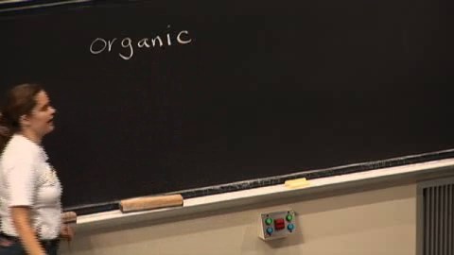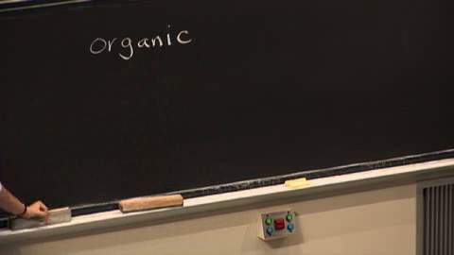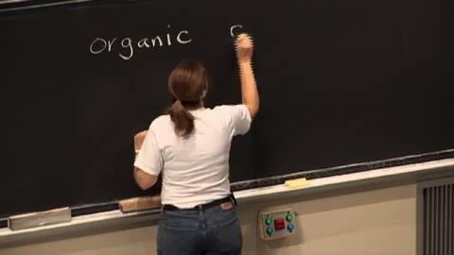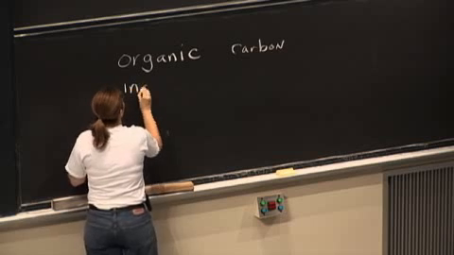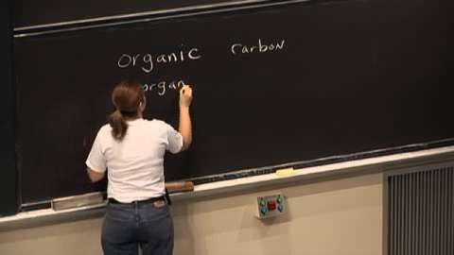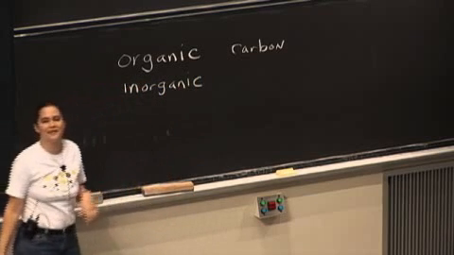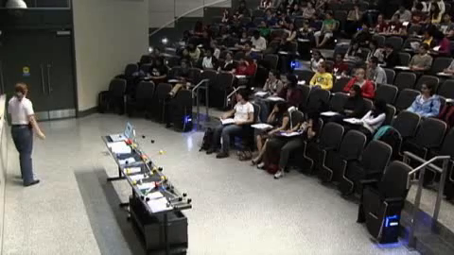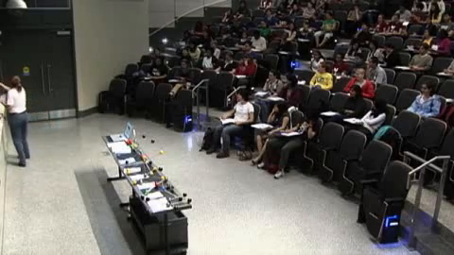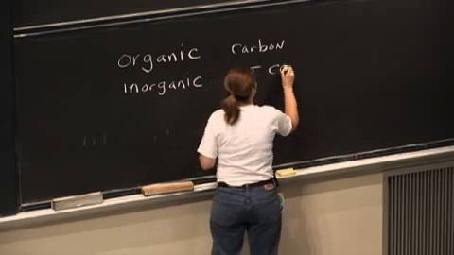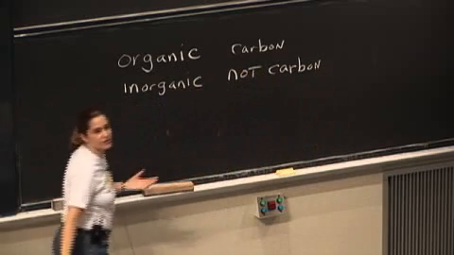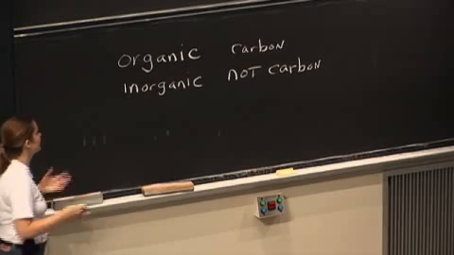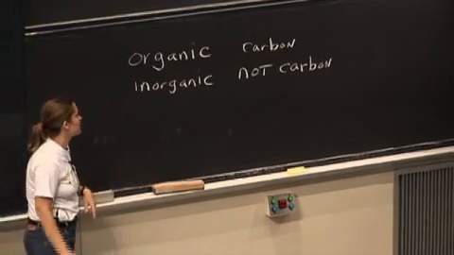There is organic chemistry. Does anyone know what organic chemistry concerns itself with? Carbon. And then what we have known as inorganic chemistry. Anyone know what that is? Not carbon. So a lot of people who are inorganic chemists study transition metals, but it's basically other things besides carbon.